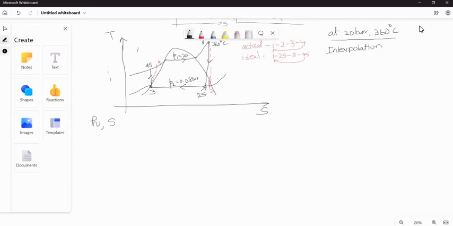I will write here, say 350: pressure is 20 bar, but temperature you have 350 degrees centigrade. We will write the value also. Value is 3138 kilojoule per kilogram. That actually, you know.